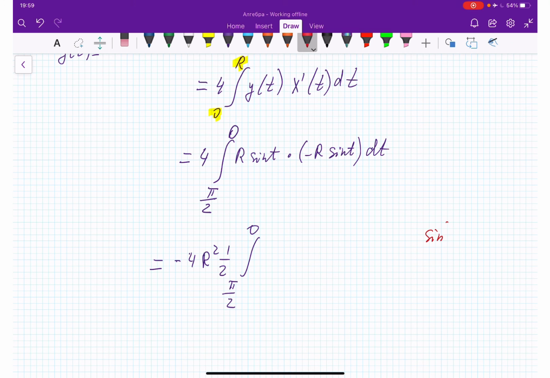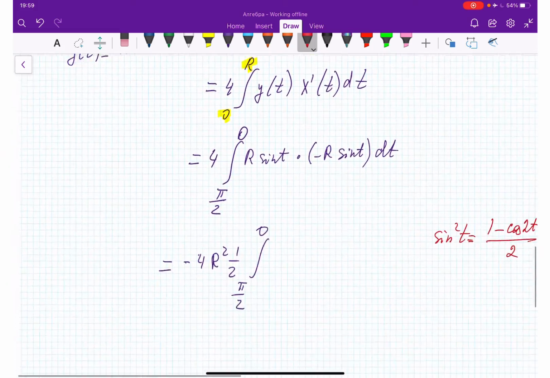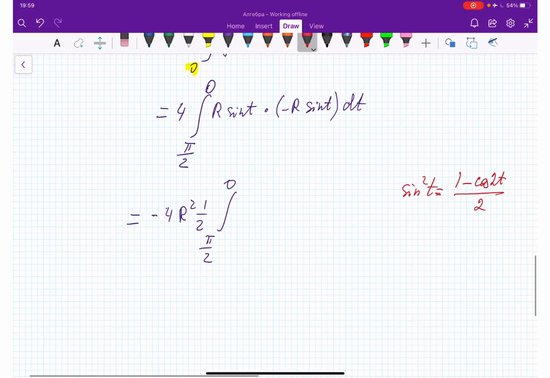Sine squared t is equal to 1 minus cosine 2t over 2, right? So this is equal to 1 minus cosine 2t dt.